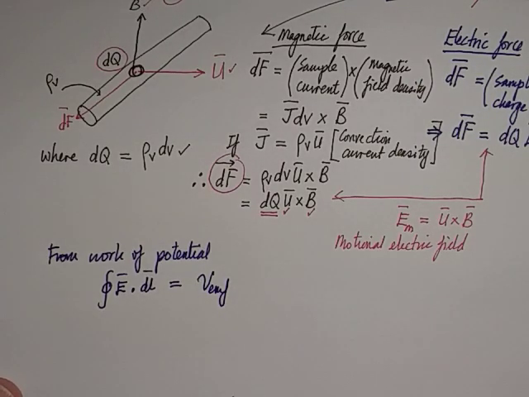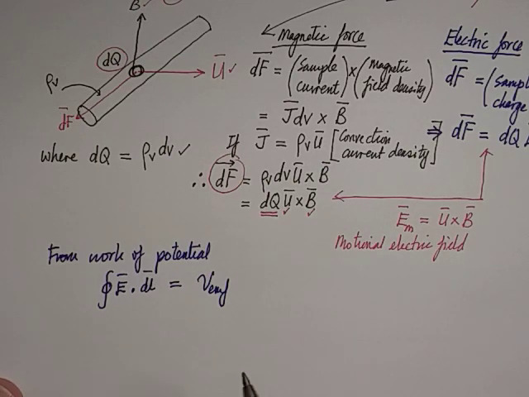Remember, in electrostatics, because the field there is conservative, this mathematics is equal to 0. But for this particular scenario, it is no more equal to 0, it is going to be equal to the induced EMF.